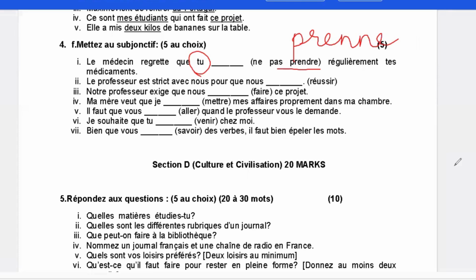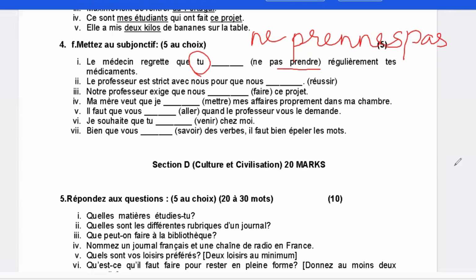So with the pronoun tu, what are the endings we are supposed to add? PRENNES. So that becomes my subjunctive of the verb prendre with the pronoun tu. Again, we have ne and pas. So just add ne and pas. Be careful with the small things. Just handle all of them in one go and then move on to the next sentence, because you are bound to forget writing your ne and pas.